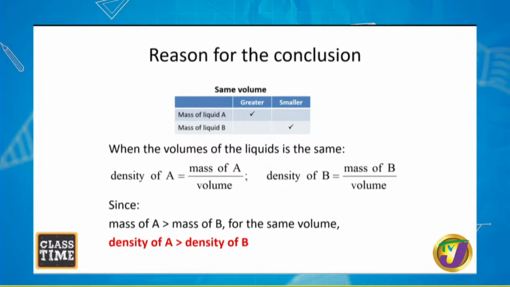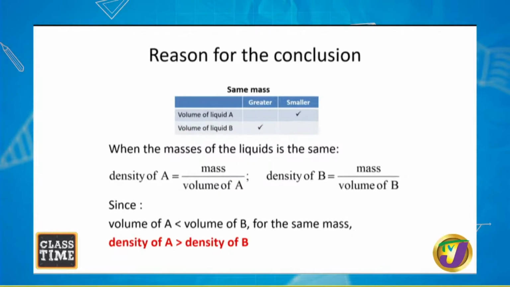Let's look at whether the other observation tells us that as well. When the masses of the liquids are the same, you are dividing the same amount by two different quantities. Since the volume of A is less, you're dividing a number by a smaller number, which will give you a greater result. If you divide 5 by 2, it gives you 2.5. And the volume of B is greater. If you divide 5 by 4, it just gives you 1.25.